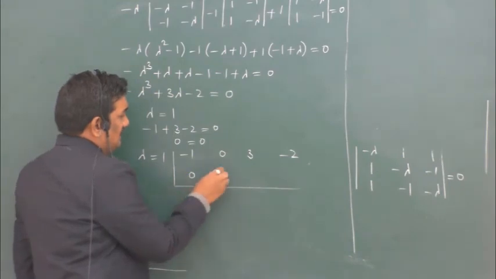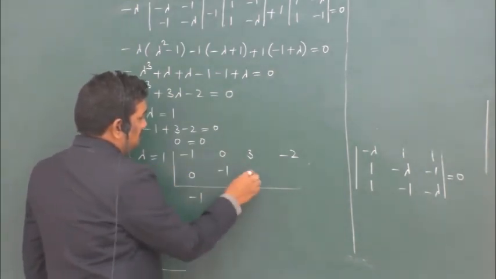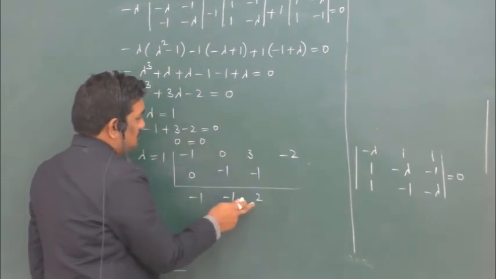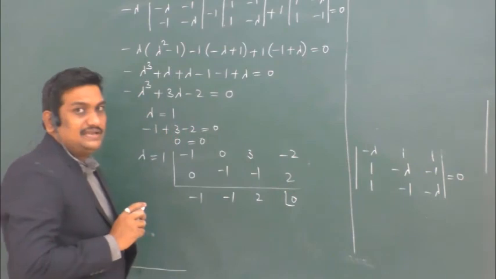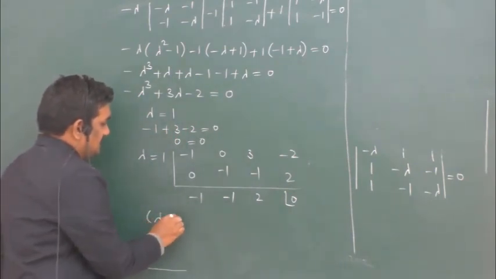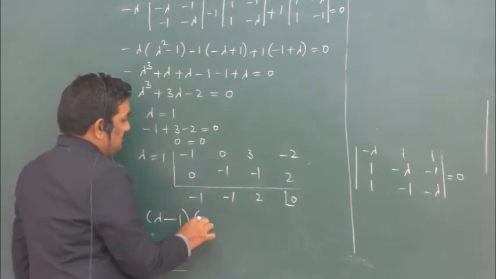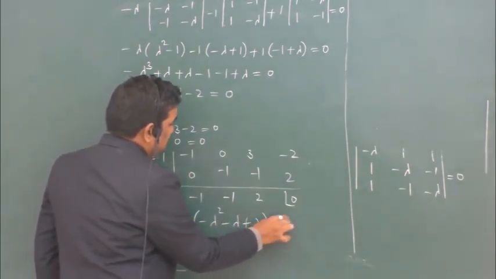Multiply these two, it will be minus 1, add these two, minus 1, multiply these two, minus 1, add these two, 2, multiply these two, it is 2, and 0. Now you can write it as lambda minus 1 into minus lambda square minus lambda plus 2 equals 0.